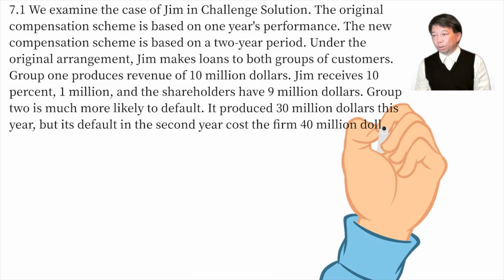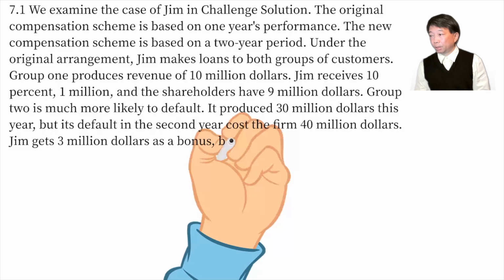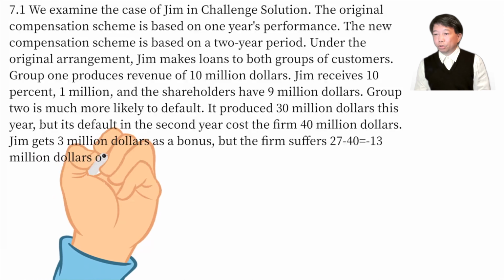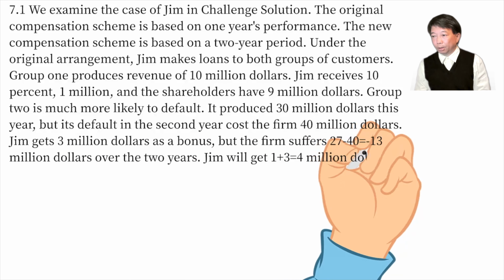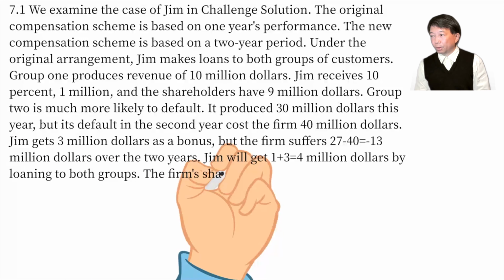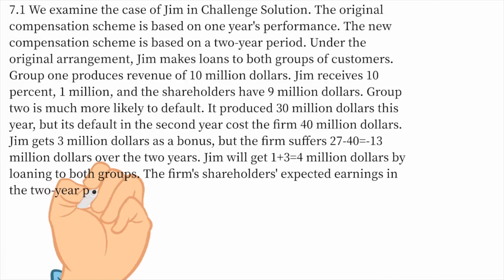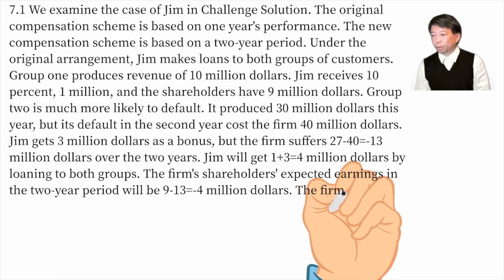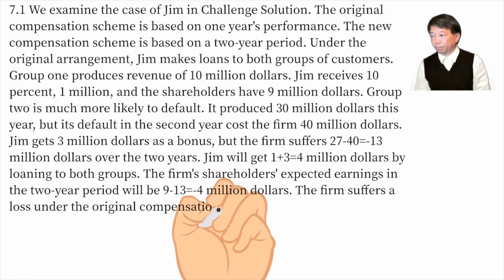Jim gets $3 million as a bonus, but the firm suffers $30 million over the 2 years. Jim will get $4 million by loaning to both groups. The firm's shareholders' expected earnings in the 2-year period will be minus $4 million. The firm suffers a loss under the original compensation scheme.